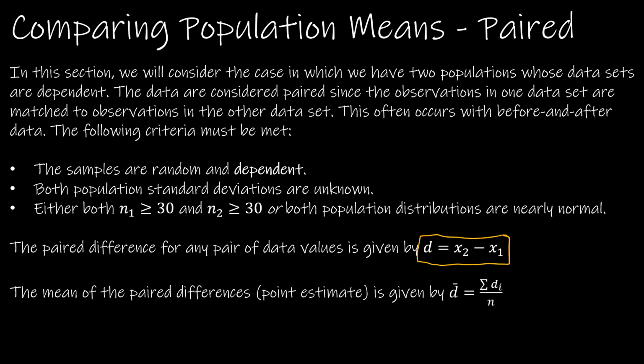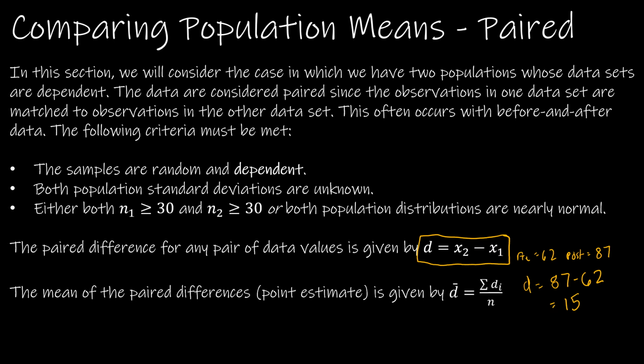So again, I know I used the same example before, but if you had a pretest and scored, say, 62, and then you had a post-test and scored an 87, you would want to take your second value minus the first. So when I find my difference, I'm going to take 87 minus 62 to get 15.